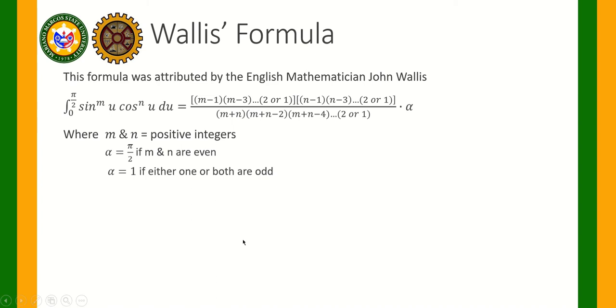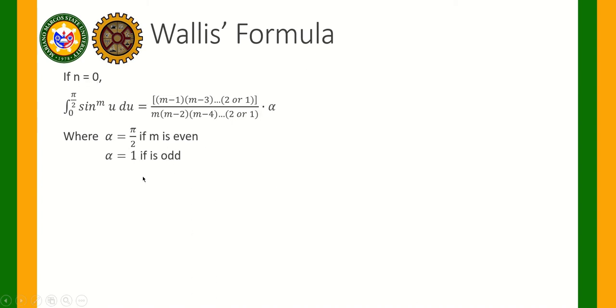Next naman will be, okay, if n is equal to 0, ibig sabihin wala tayong cosine. So, if n is equal to 0, yung formula natin is dun sa may m lang. And our denominator will be reduced to m times (m minus 2) times (m minus 4) until 2 or 1, and multiplied by alpha, where alpha is equal to pi over 2 if m is even and 1 if it is odd. Okay? And if m is 0 naman, ibig sabihin wala tayong sine.